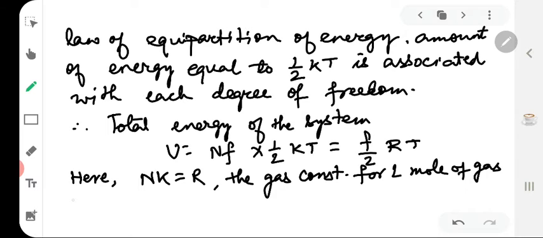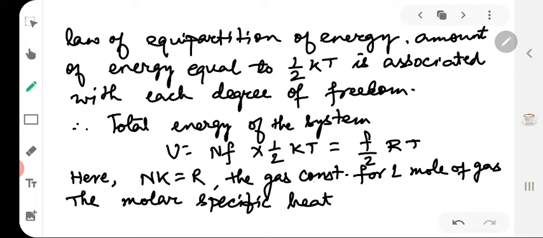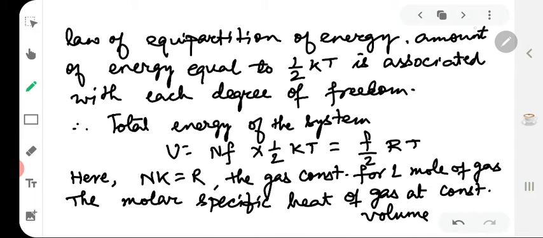Now, the molar specific heat of the gas at constant volume, that is Cv, is equal to dU by dT.